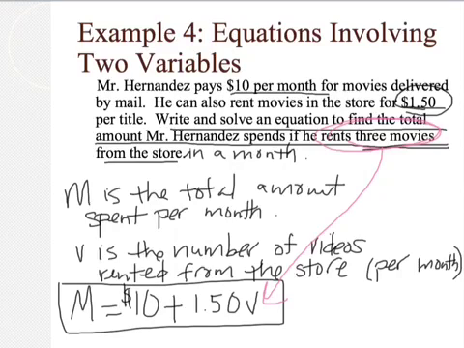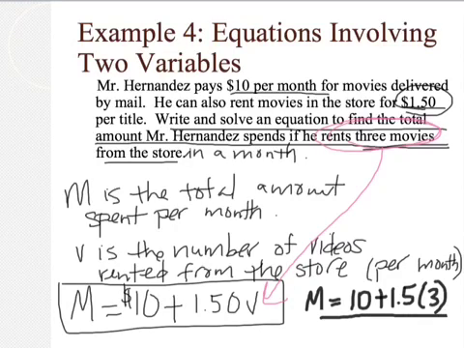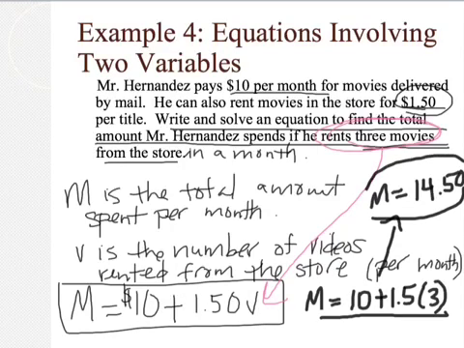So we can see that M is equal to 10 plus $1.50 times 3. And then finally, we can conclude that the amount he spends per month is $14.50, recognizing that $1.50 times 3 is $4.50, and then we add the 10 on.